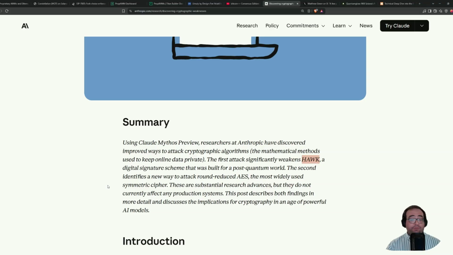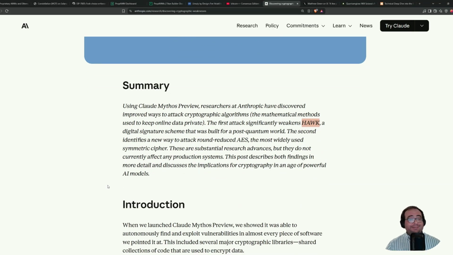Hawk is a lattice-based post-quantum digital signature algorithm that arrived at the third stage of the new contest from NIST to add more standardized post-quantum crypto on top of what we already have with Dilithium, Falcon, Sphincs.